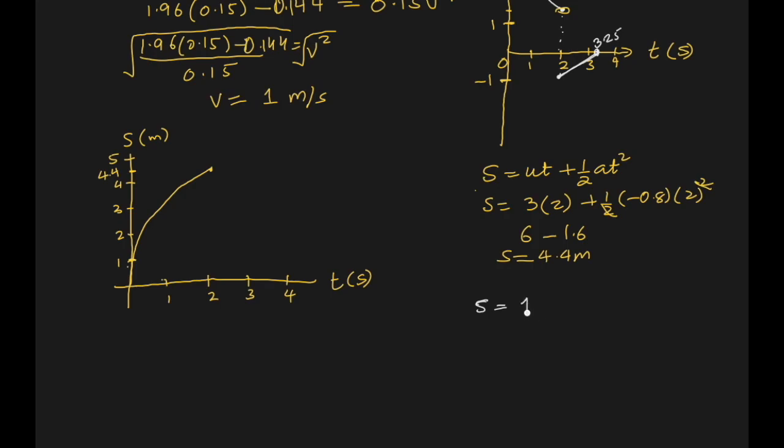Time is 1.25 seconds, right? In 1.25 seconds, ut plus half, resistance still 0.8 and 1.25 square.